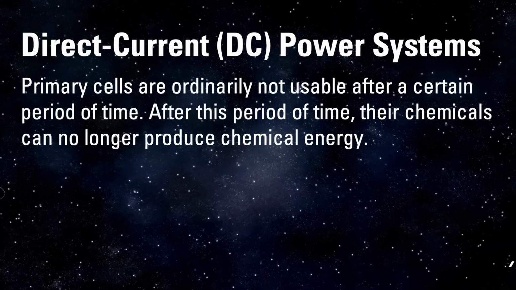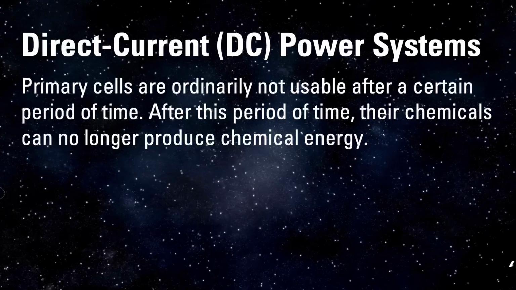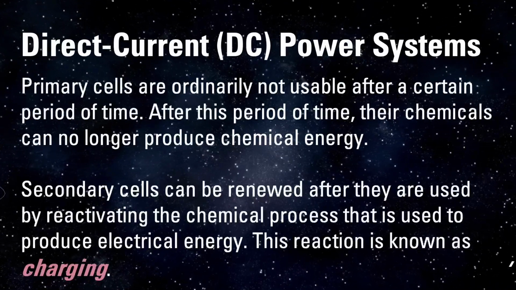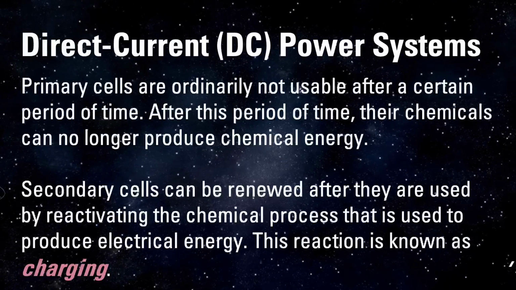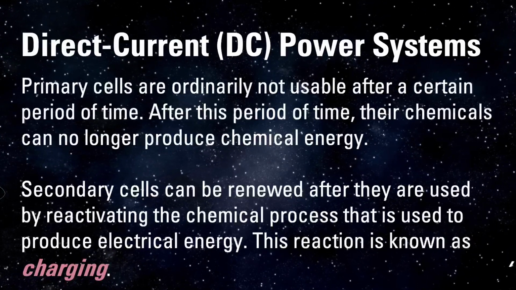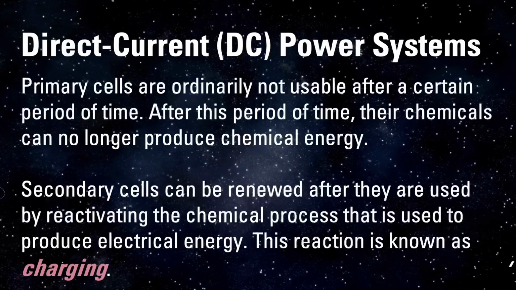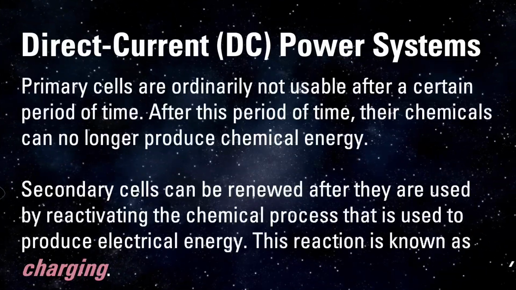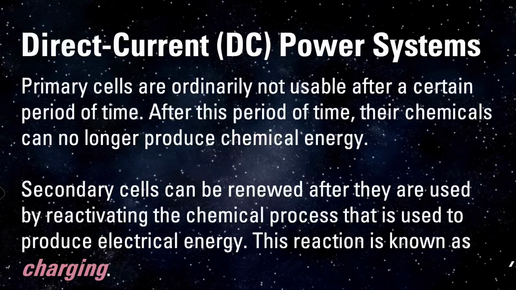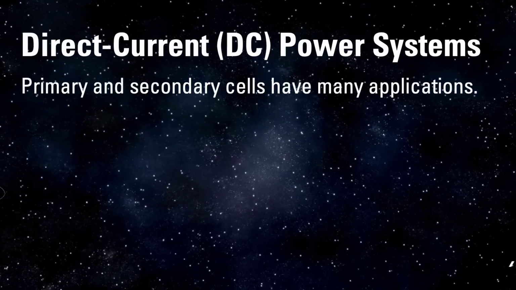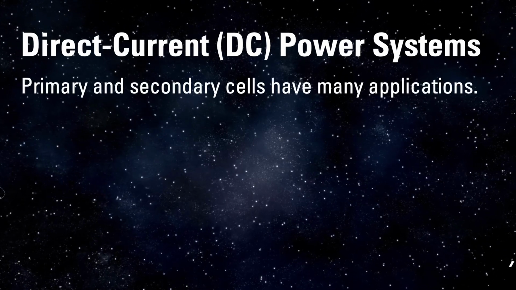After this period of time, their chemicals can no longer produce chemical energy. Secondary cells can be renewed after they are used by reactivating the chemical process that is used to produce electrical energy. This reaction is known as charging.